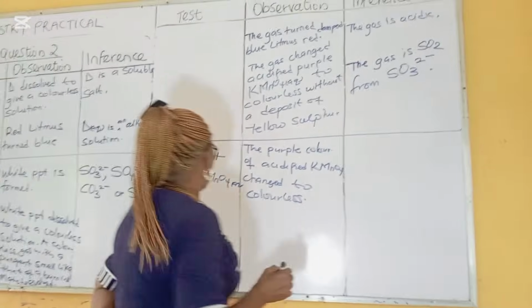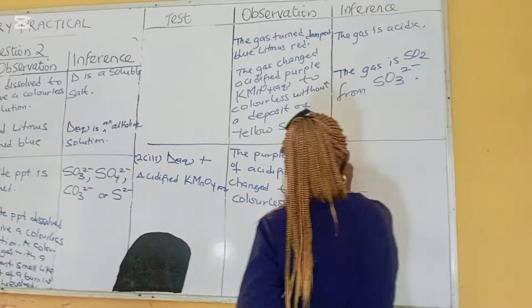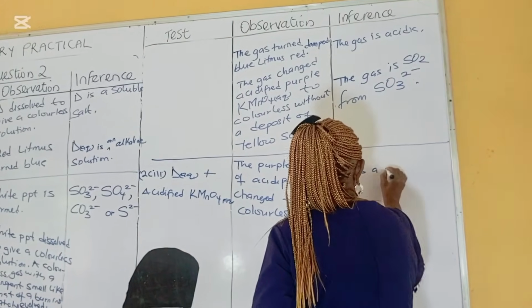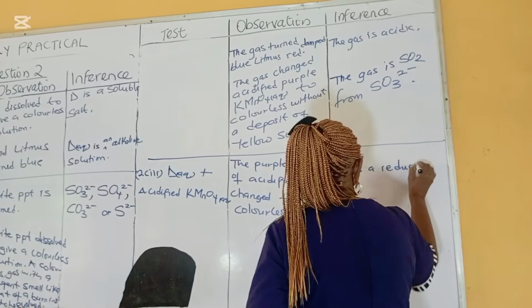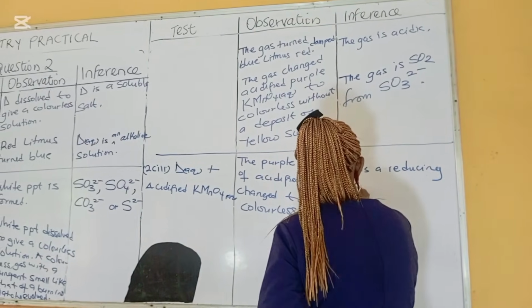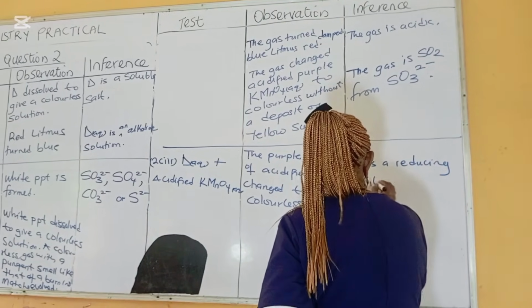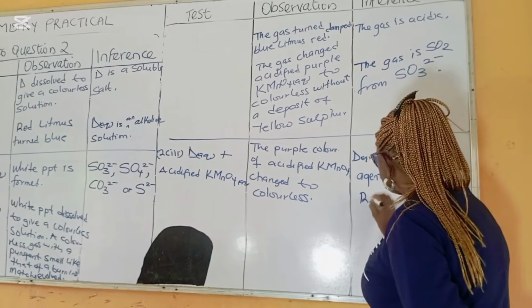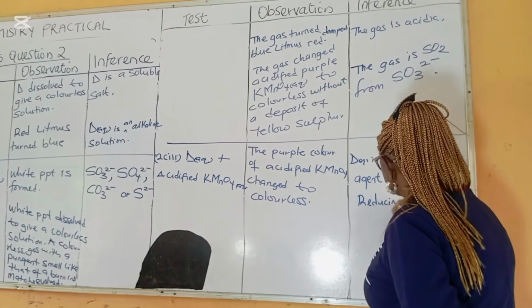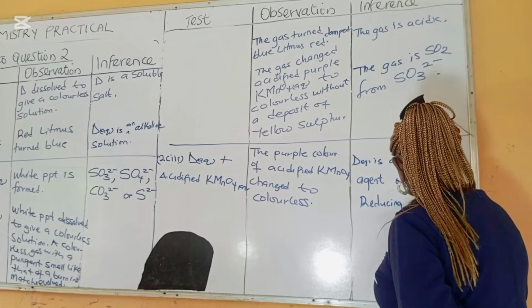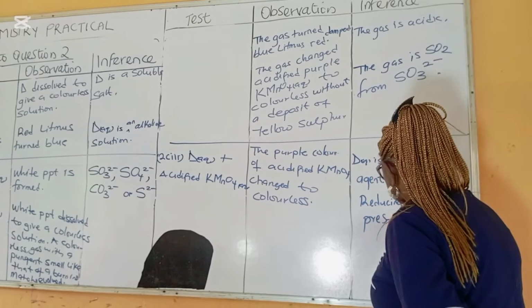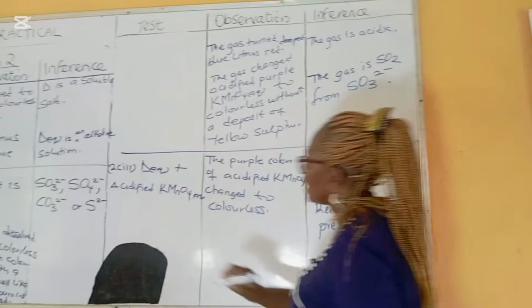That's it. Meaning that D aqueous is a reducing agent. Or you say reducing agent is present. That is it.